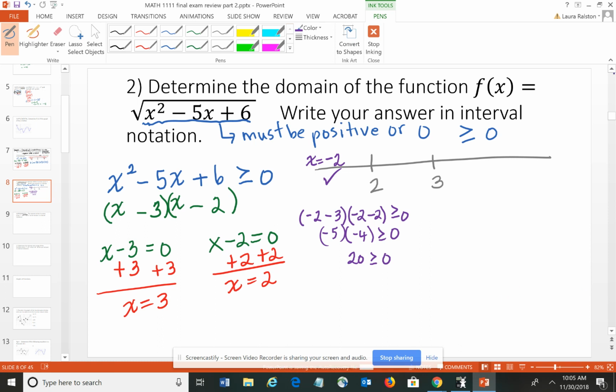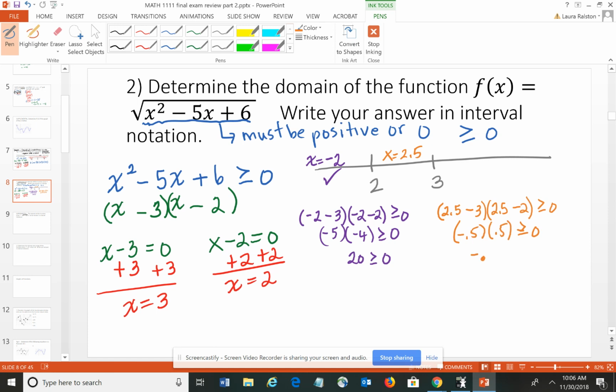Then I need to try a value between 2 and 3. So probably the easiest one to do would be 2.5. So I'm going to test that one. So I have 2.5 minus 3 times 2.5 minus 2, and we hope that's greater than or equal to 0. That gives me negative 0.5 times positive 0.5, and we hope that's greater than or equal to 0.